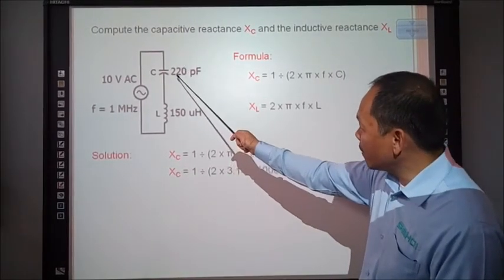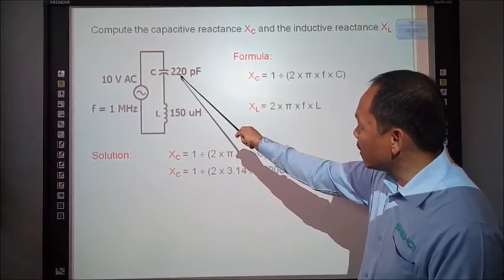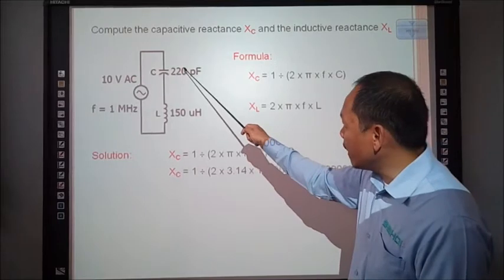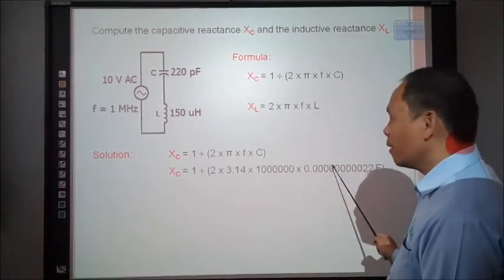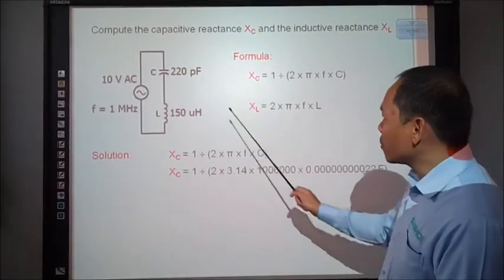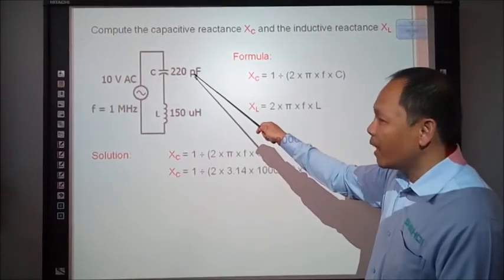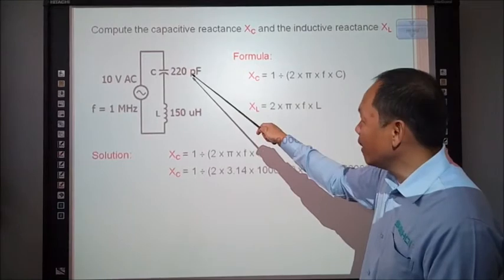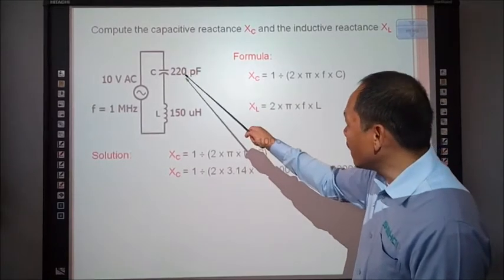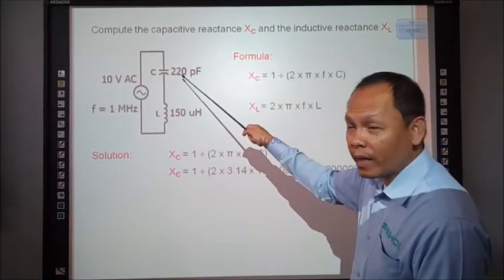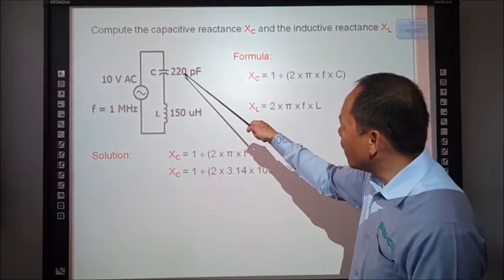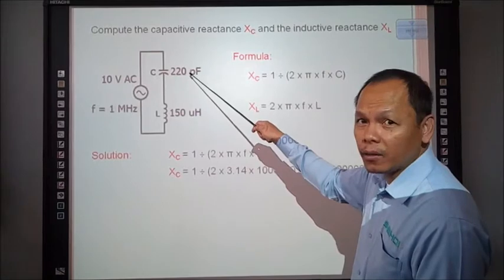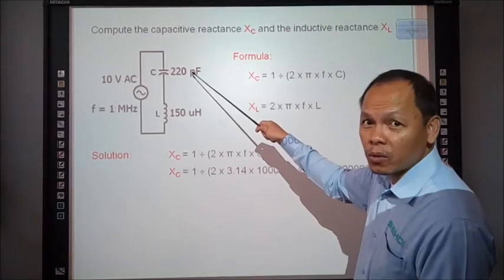Here you can see that the value is 220 picofarad. Do not write this value here because the answer will be wrong. So you have to change this to farad. How? You divide this by 1 trillion. This is 12 zeros.